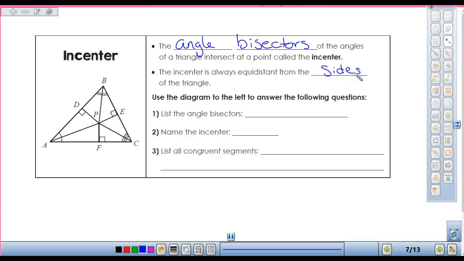So now we're talking about PE, PD, and PF being congruent. From the incenter to the right angle is what's congruent. So you can say PD is congruent to PF is congruent to PE.